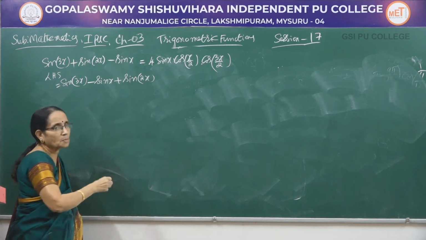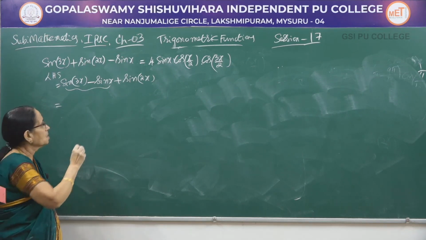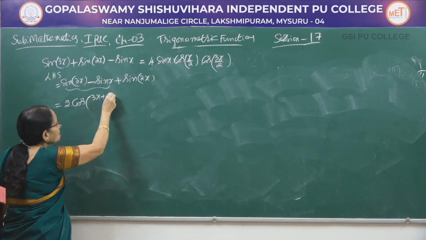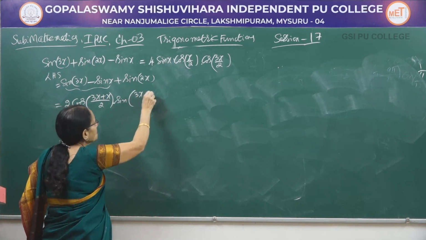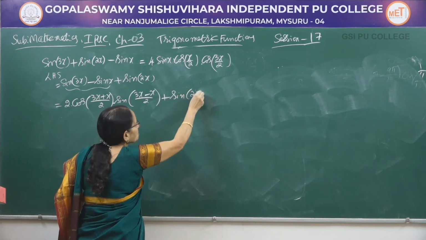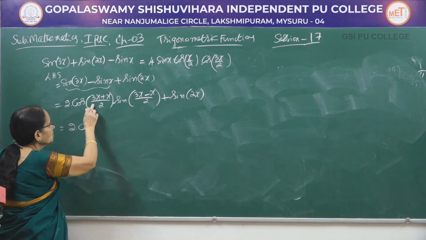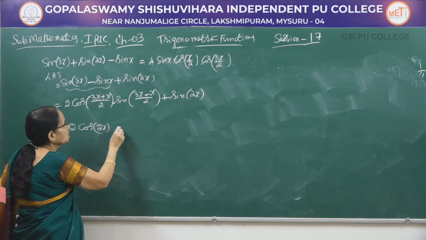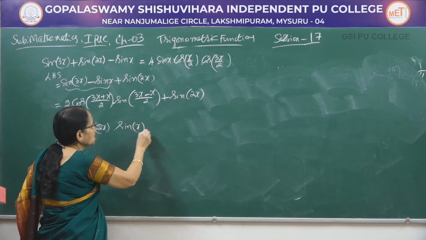Now, for this I am using the formula sin C minus sin D. So, what is the value? 2 cos of (C plus D) by 2, that is (3x plus x) by 2, into sin of (C minus D) by 2, plus sin of 2x. That is 2 times cos of (3 plus 1) by 2, that is 2x, into sin of (3x minus x) by 2, that is x.